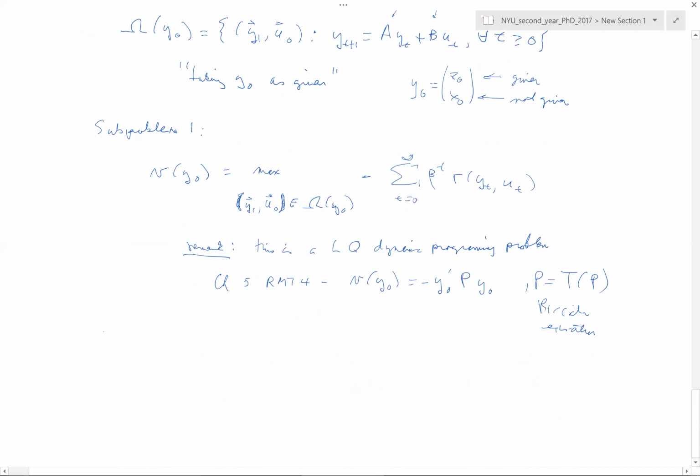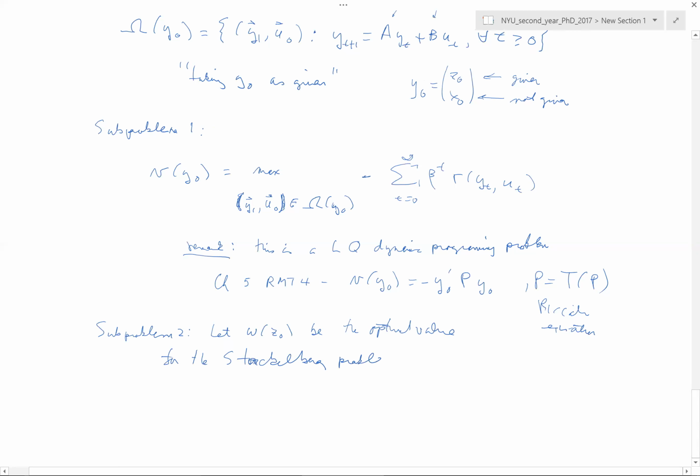So now here's subproblem 2. It's to create a value function. So we're going to let W of Z0 be the optimum value for the Stackelberg problem, the one we really want to solve.